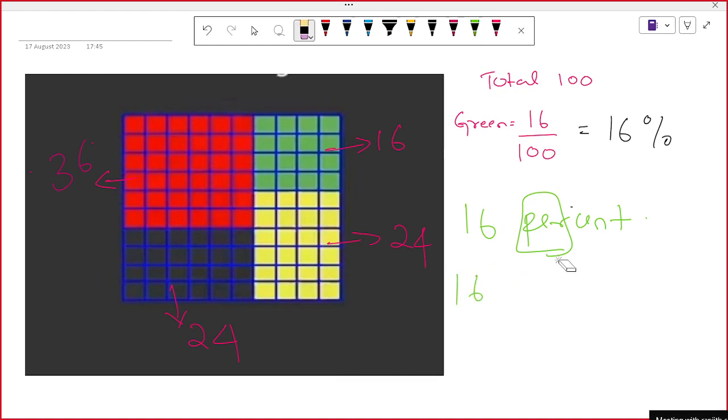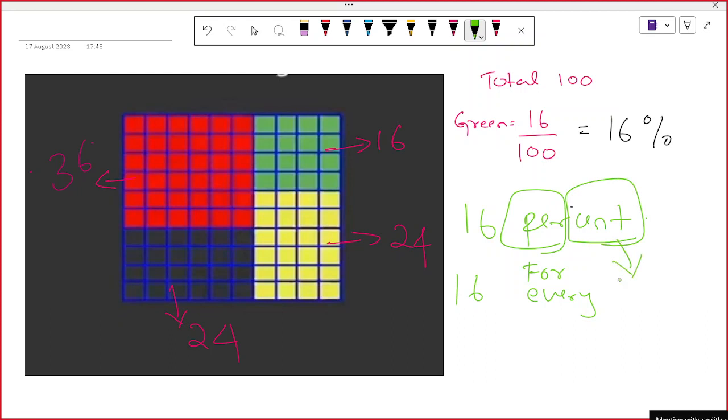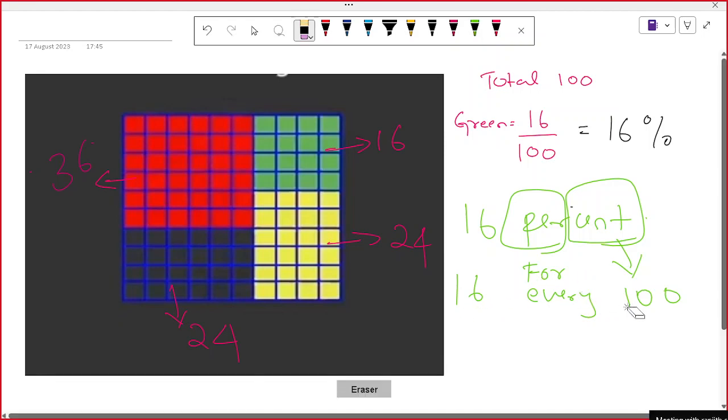The meaning of per is for, or for every. Every 100. So by this definition, 16% is nothing but 16 out of every how much?